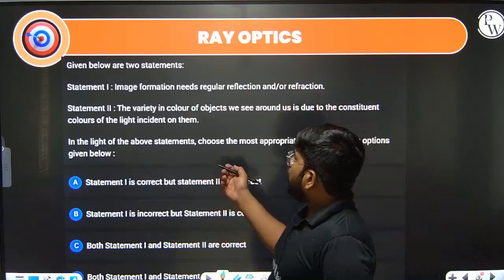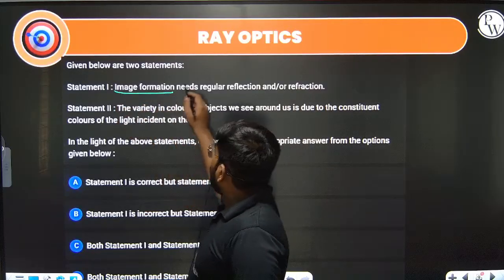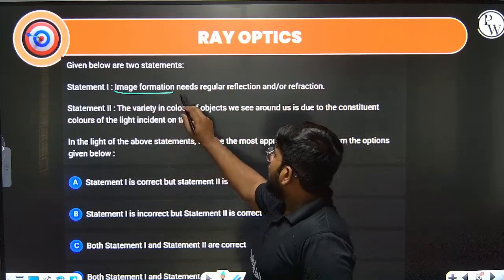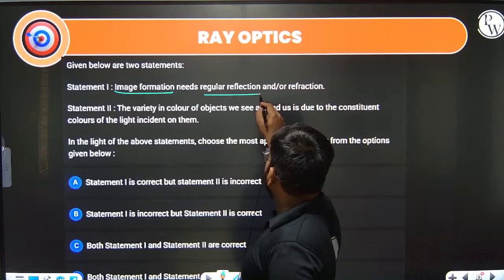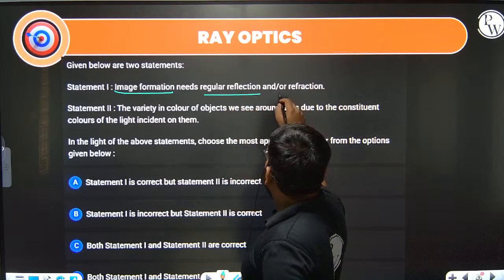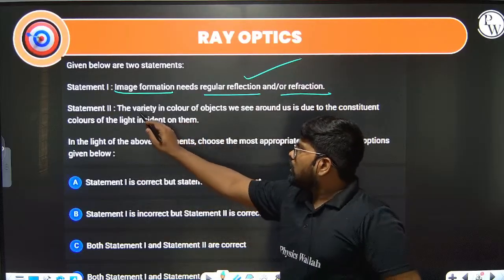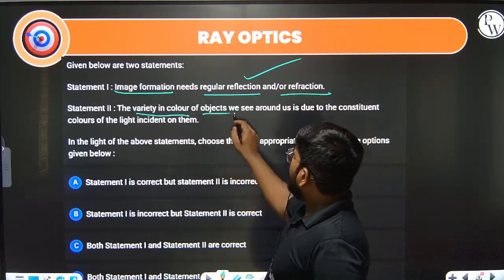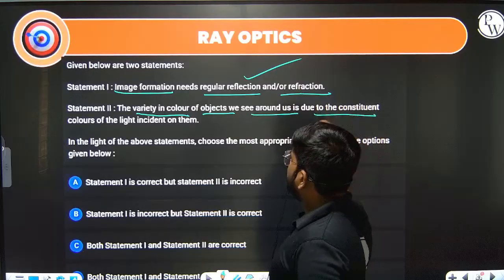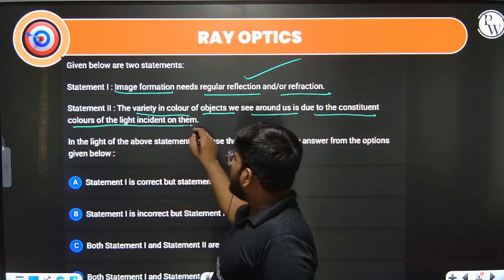So what do we have here? Again, ray optics is all about image formation. Statement 1: image formation needs regular reflection or refraction. Yes, it is a true statement. Statement 2: the variety of colors of objects we see around is due to the constituent colors of the incident light on them.